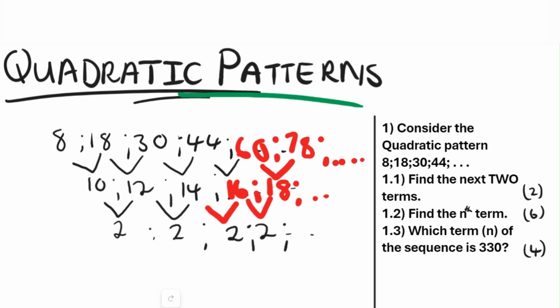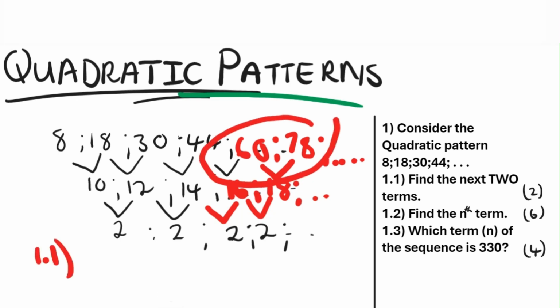Okay, so we have 78 like that. These two are the answers they are looking for. Just write, our next two terms are 60 and 78 and so on, but they are looking for only these two. Okay, so you are done answering the question.